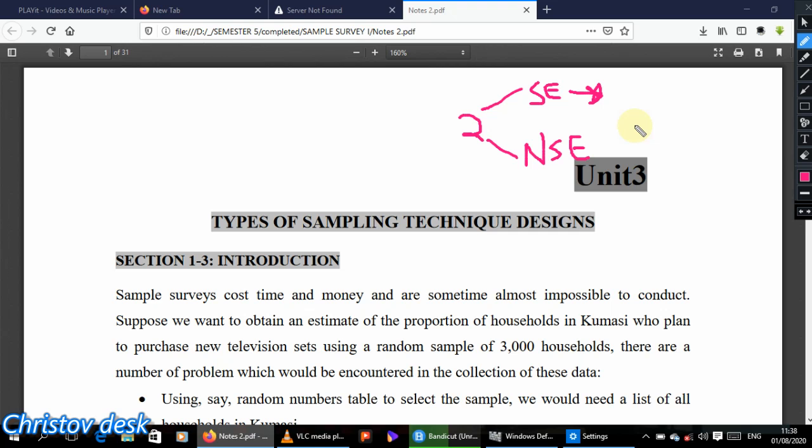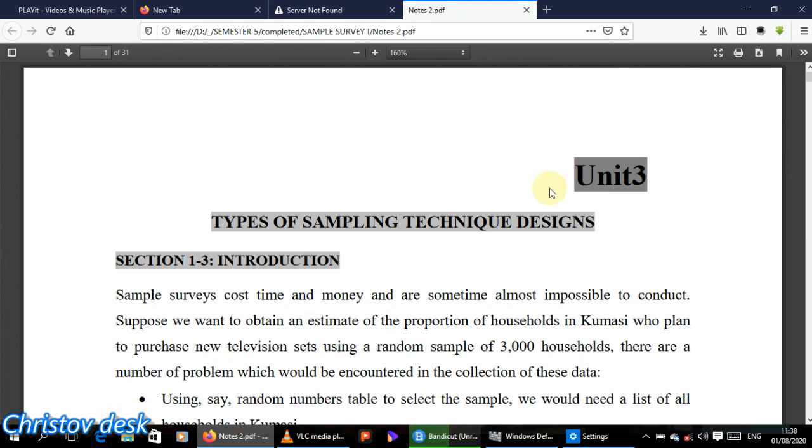So the fact that you are taking a sample brings about the sampling error. And the non-sampling error is just any error that can happen, not necessarily because of sampling. When you are doing any survey and there is some error which is not because of the sample you took, then that error is categorized as a non-sampling error. So take note of that.